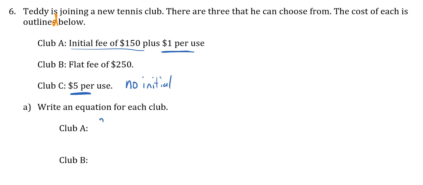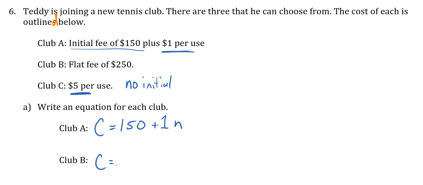Club A, the cost will be the $150 plus $1 per use, so 1 N, although we often don't write the N, so it'd just be like plus N, but that is like plus 1 N. Okay. Club B, this one's tricky. And you could write it this way.